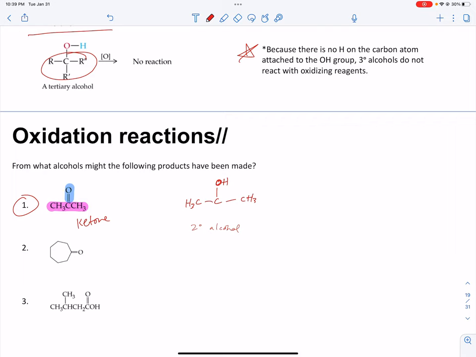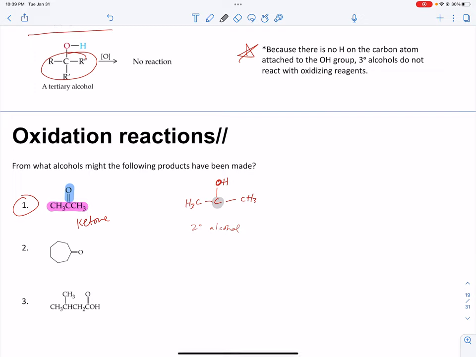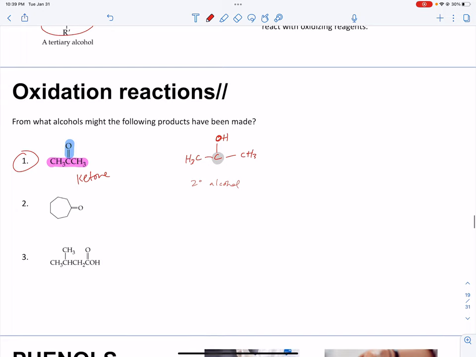But now if you look at this carbon, the one I'm highlighting in gray here, we only have 3 bonds on it. So what else do we need to add? Well, remember, we're always pulling a hydrogen off right here, off that carbon, that hydroxyl-bearing carbon. So we need to put a hydrogen back on it since we're undoing this or drawing the type of alcohol that produced this ketone. So this should be the alcohol that produced our ketone product.